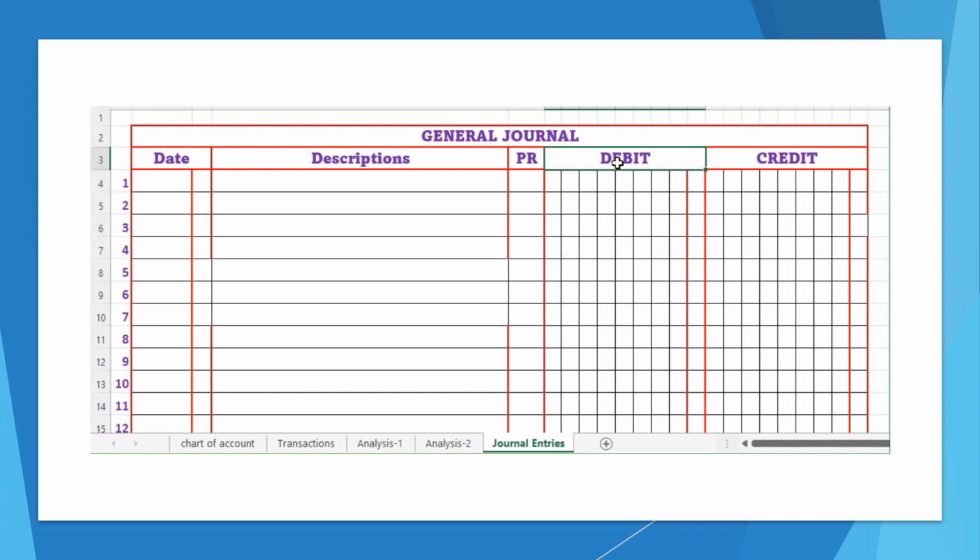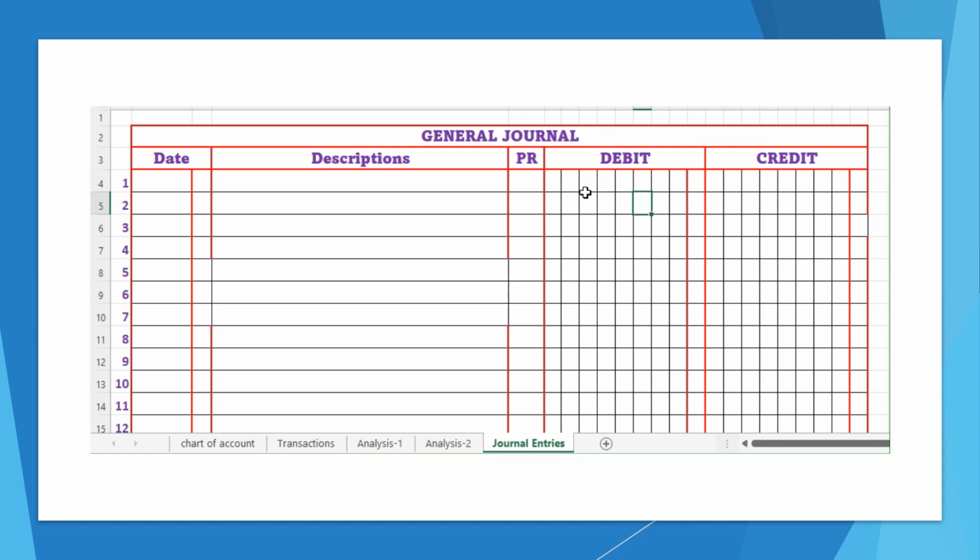Then we have debit and credit. Sometimes this is only DR, short or the abbreviation for debit. And this one is CR, an abbreviation for credit.